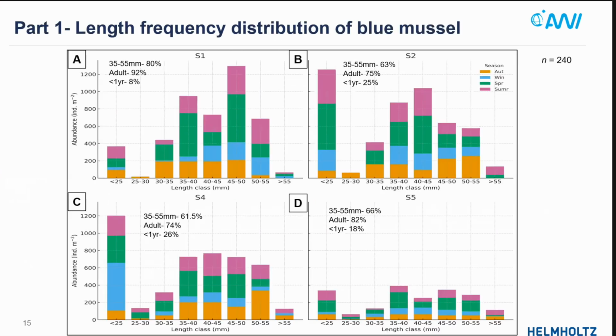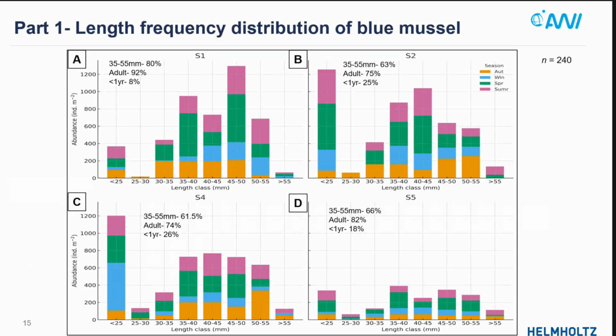Now, coming to the length frequency distribution of blue mussels in Zult. These four panels show the different habitats S1, S2, S4, and S5 respectively. And I would mention that S3 and S6 didn't have any organisms, so they were excluded from this panel.